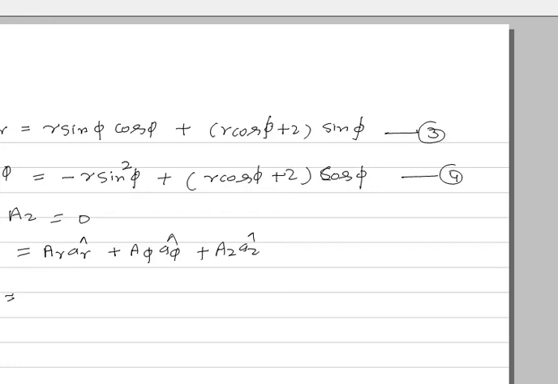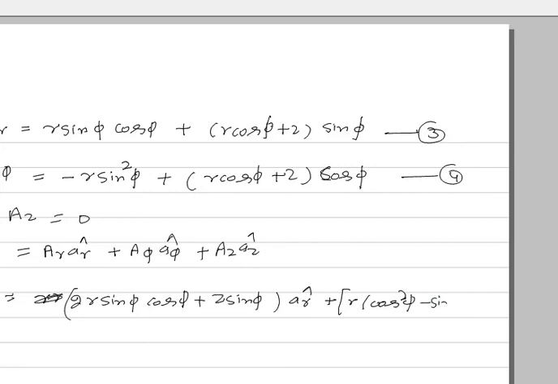Vector A equal to (2r sin phi cos phi plus z sin phi) unit vector AR plus (r cos square phi minus sin square phi plus z cos phi) unit vector A phi, plus unit vector AZ term.